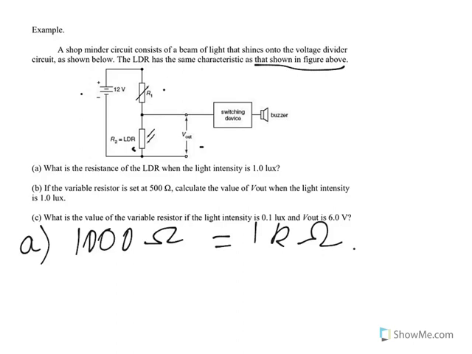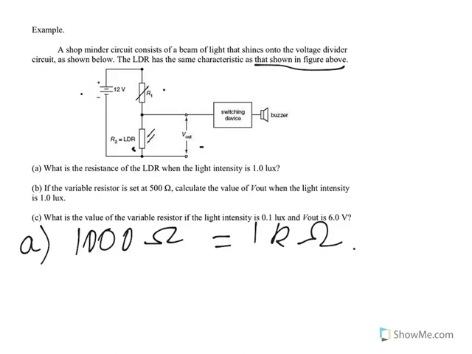The next one, part B. Part B says, if the variable resistor is set at 500, calculate the value of V out when the light intensity is 1 lux. Right, I'm going to have to flick backwards and forwards here.